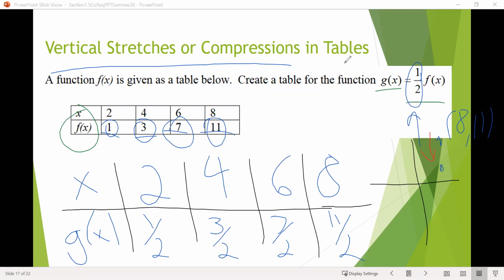And when we do that, notice that the input, the 8, stays the same, but the output, the 11, is going to get cut in half. So that's where we get that 11/2. So that's how this point (8, 11) becomes the point (8, 11/2). And we could do the same thing for all the other points.